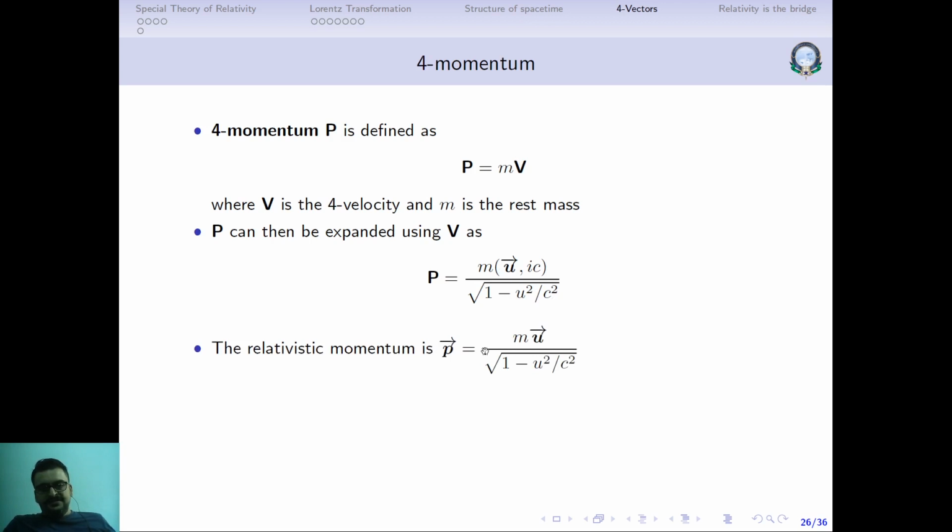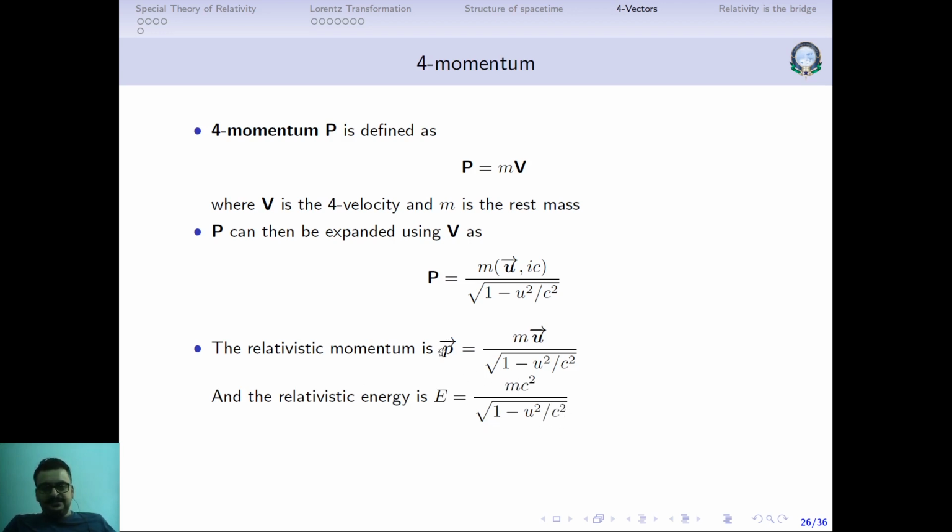So the relativistic momentum p is equal to mu by under root 1 minus u square by c square. I've just picked up this result from your special theory of relativity undergraduate course. And the relativistic energy is E is equal to mc square divided by under root 1 minus u square by c square.